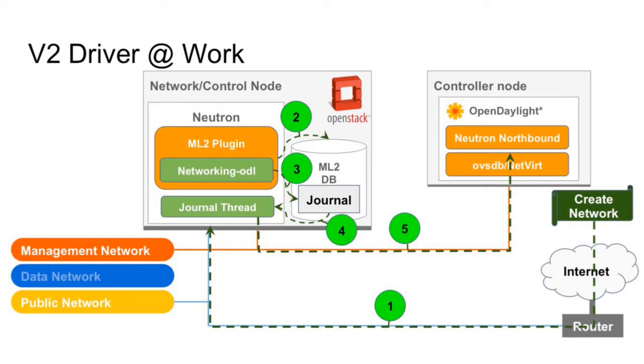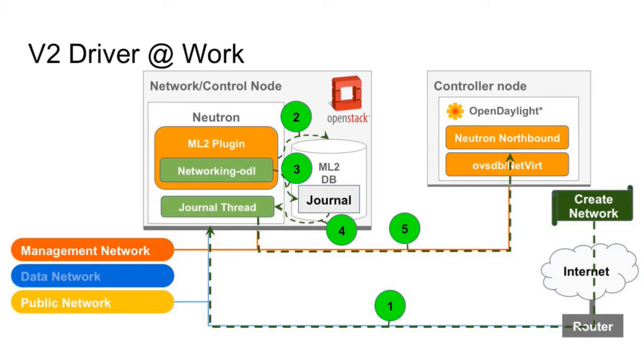By using the journal table, the order of requests is guaranteed, so the race condition is resolved in theory. And also, as a bonus, the operation log provides a crash recovery capability. Neutron servers can crash at any time. In theory, it is possible that the Neutron DB is updated, and after the Neutron DB is updated, but before sending the push-down request to OpenDaylight, the Neutron server crashes.